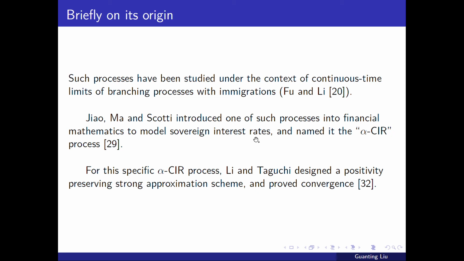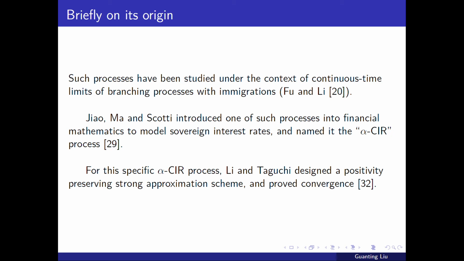Just briefly on the origin of such a bizarre process. Such processes were originally studied under the context of continuous time limits of branching processes with immigration. In Jiao, Ma and Scotti, they introduced one of such processes, the CIR extended with alpha stable jumps.